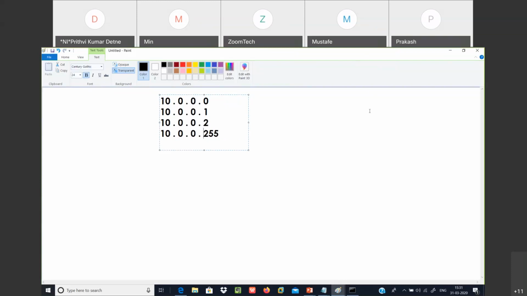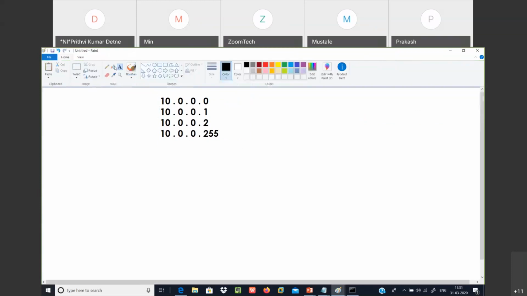Okay, Pradeep, let me explain clearly now. You know how the IP address format is. For example, your bike is a new vehicle, and the speedometer shows 0, 0, 0, 0, right? These are the numbers, they're all zeros.